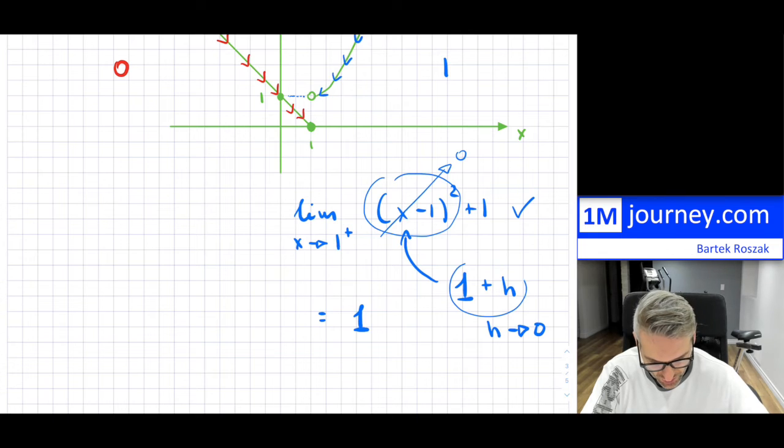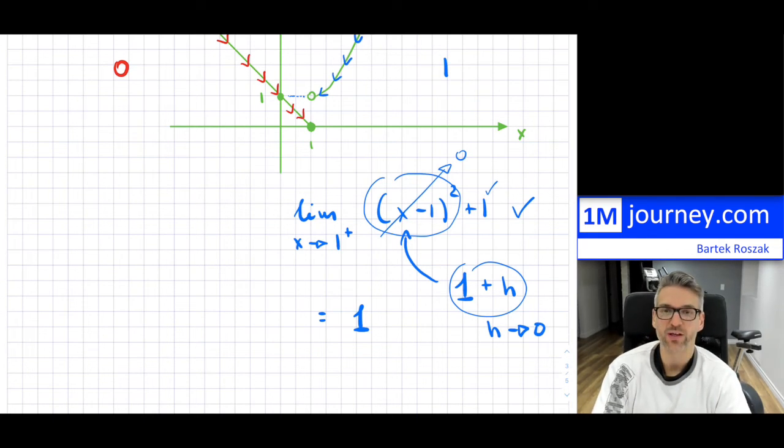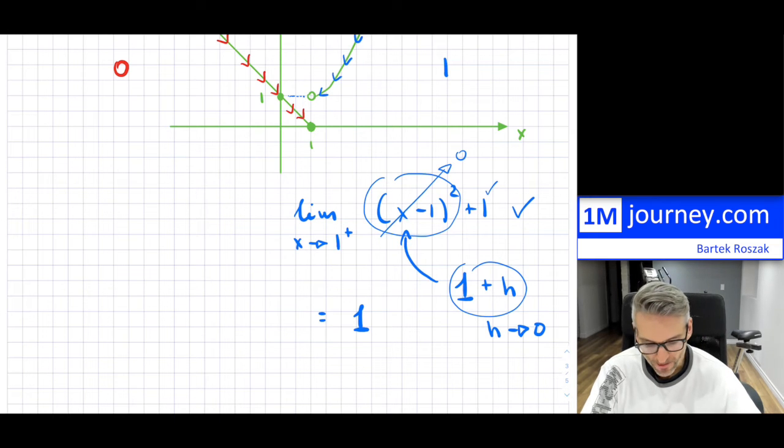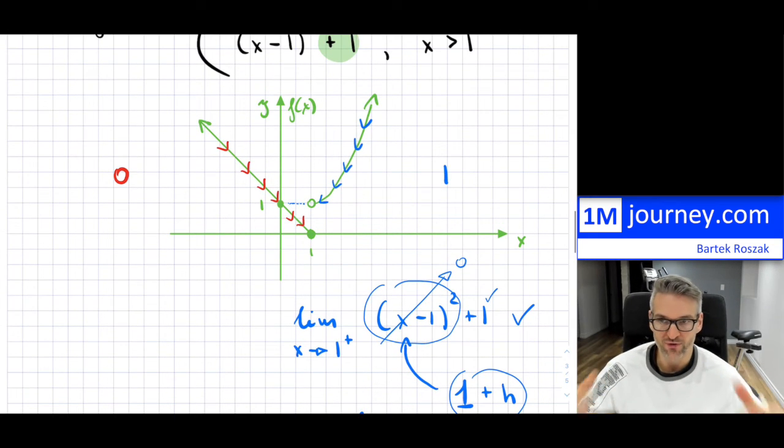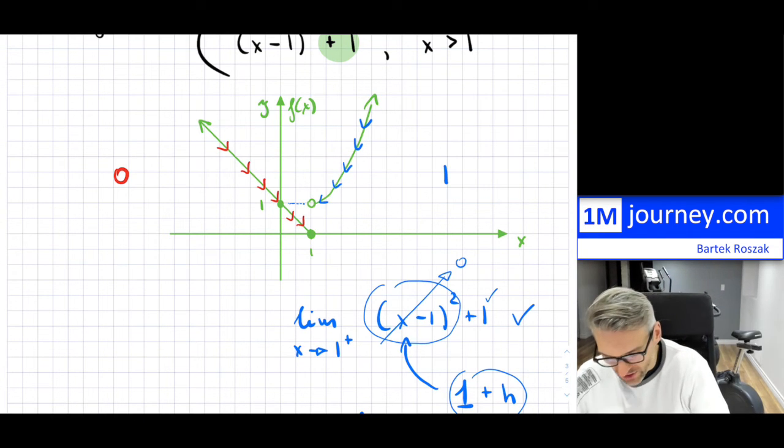If you let h equal 0, all you would have left is just that. So even just visually, you can see the left-hand limit does not equal the right-hand limit. So right away, we know that the limit itself does not exist.